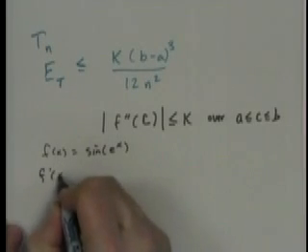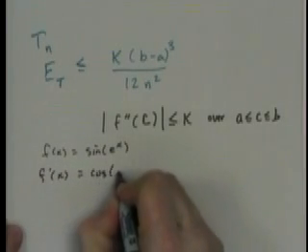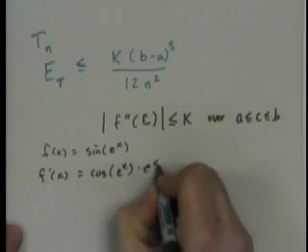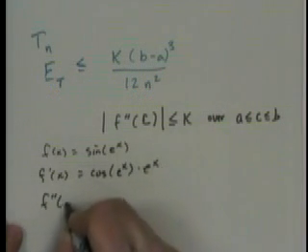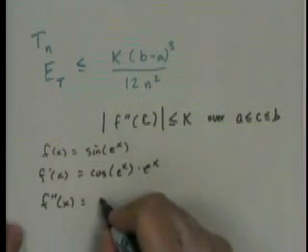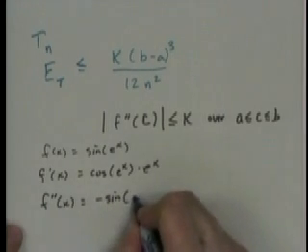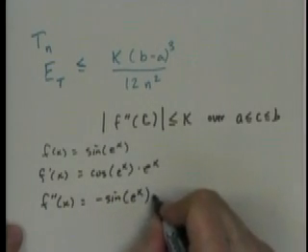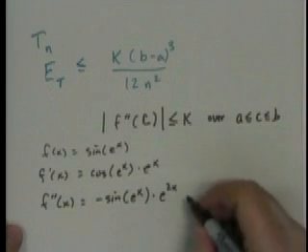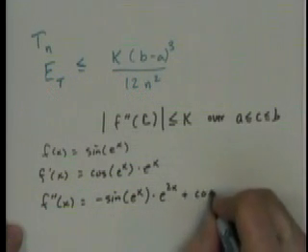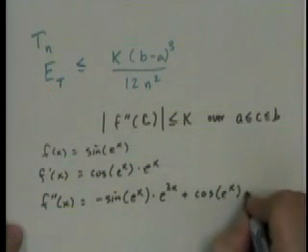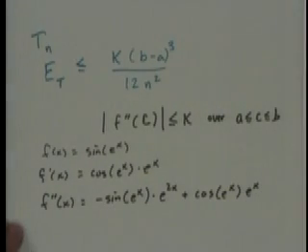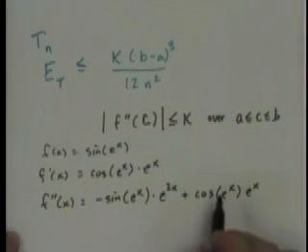So the derivative of that is cosine of e to the x times e to the x, and the second derivative of that is negative sine of e to the x times e to the 2x plus cosine of e to the x times e to the x.